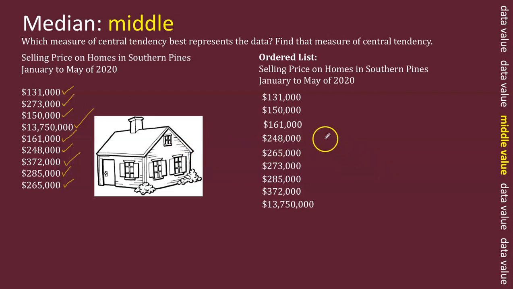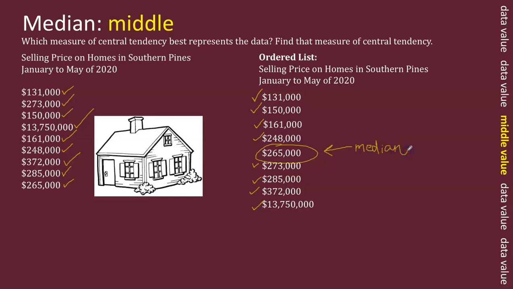Next, what we're going to do is put a check at the top and a check at the bottom, a check at the top, a check at the bottom until we reach the middle value. Check at the top, check at the bottom, and we have reached the middle. So that value represents the median house price.